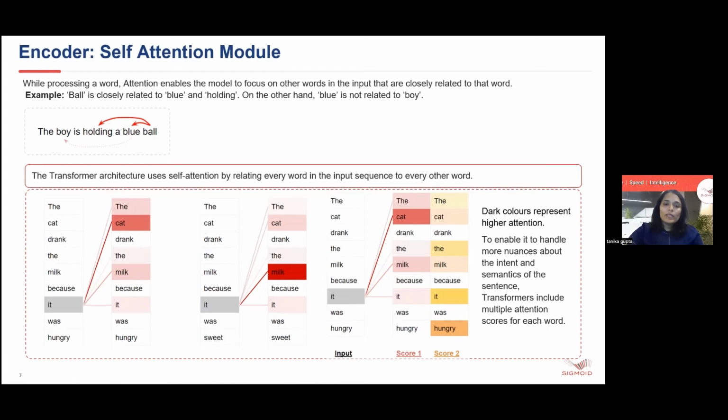And if you look at the second score, it's focusing on the word hungry. So now when this attention vector goes into the decoder, it will understand that with respect to the word it, both the words cat and hungry are important. So while translating, these two words have to be taken care of so that the overall semantics of the sentence remains the same.